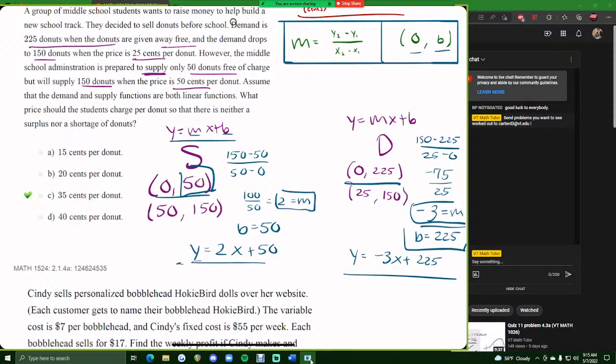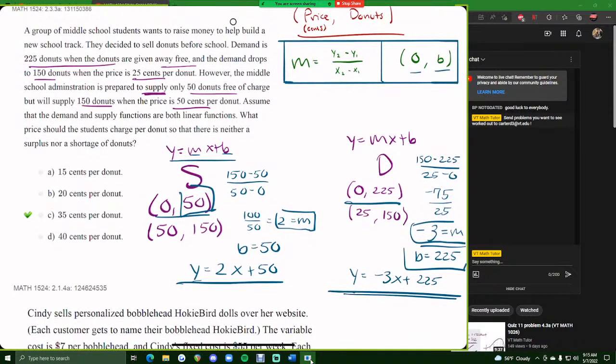So we have the supply function, the demand function, and we want to know where there's neither a surplus nor shortage. So we set, that's a lot. So we set supply equal to demand. So we're setting 2x plus 50 equal to negative 3x plus 225. We can solve for x now.